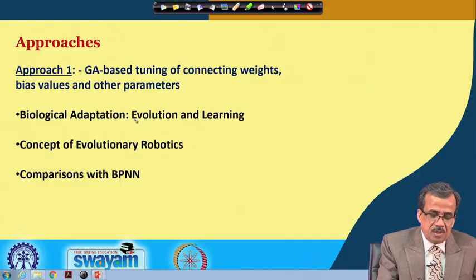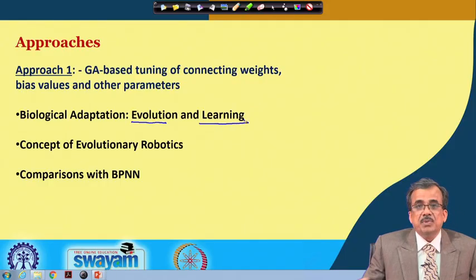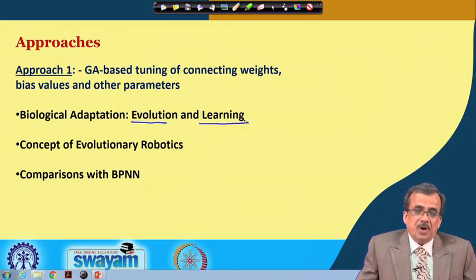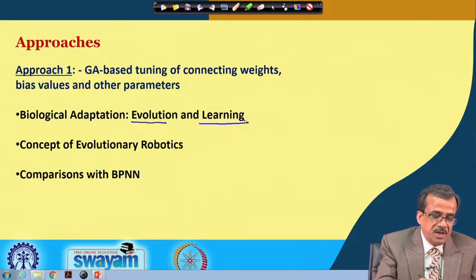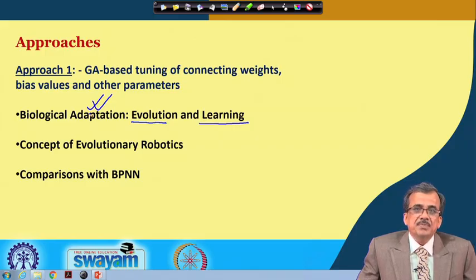One is the principle of evolution and the other is the principle of learning. These evolution and learning are 2 important parameters in biological adaptation. The same thing we are going to copy here in an artificial way. Before I copy it, let us discuss what is happening in biological adaptation.